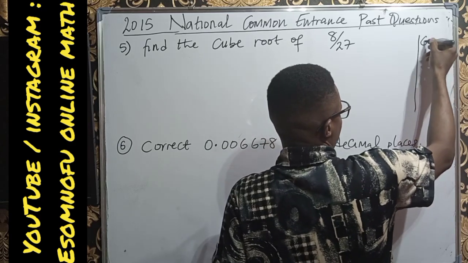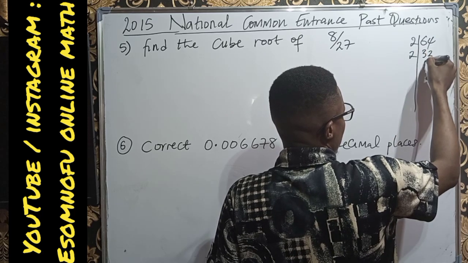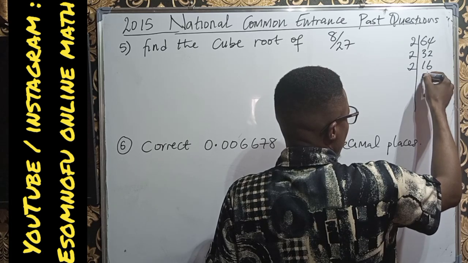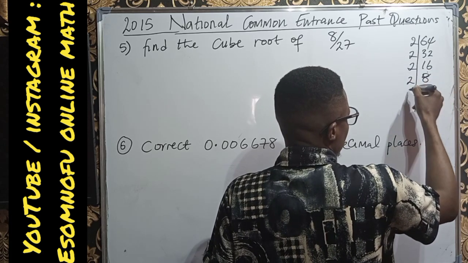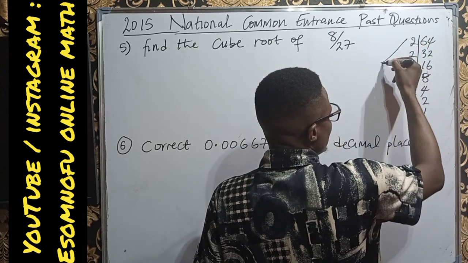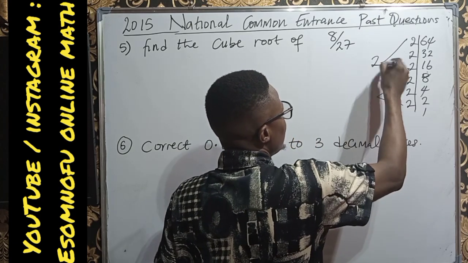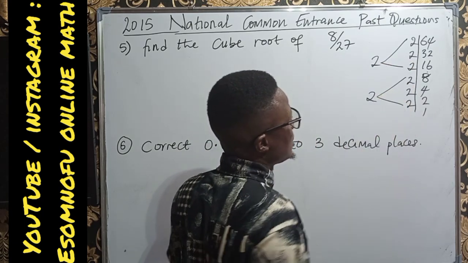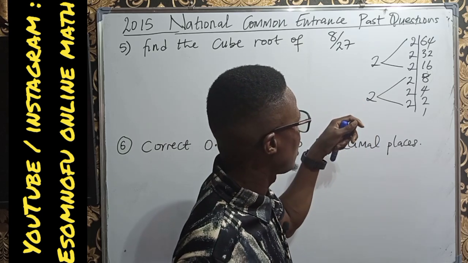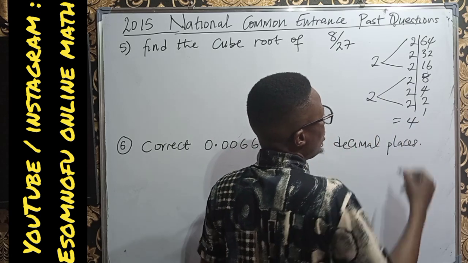I have to draw a straight line and write 64, for instance. 2 here is 32. 2 here is 16. 2 here is 8. 2 here is 4. 2 here is 2. 2 here is 1. Cube root means grouping in threes. If you bring 3 numbers, you call it 1. If it is the square root, you be grouping 2, 2. But for cube roots, you are grouping 3, 3. Therefore, the cube root of 64 is 2 times 2, which is equal to 4.